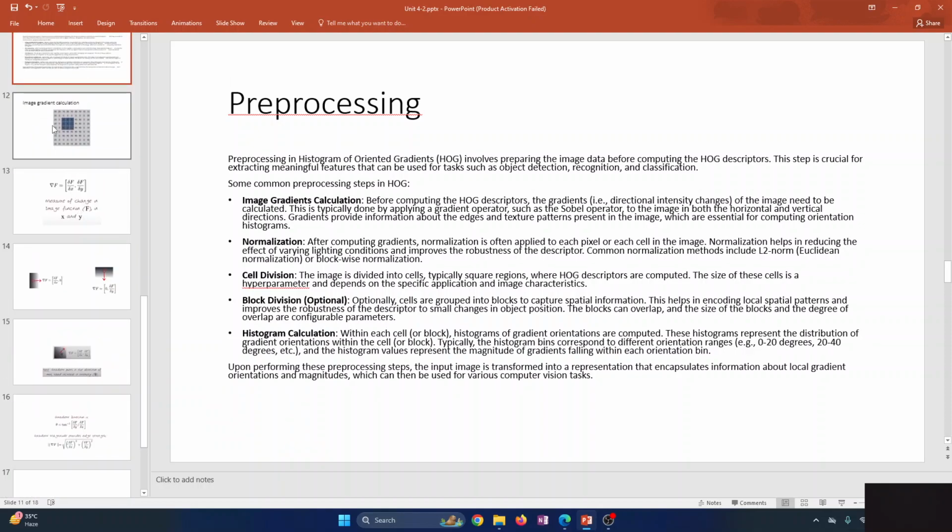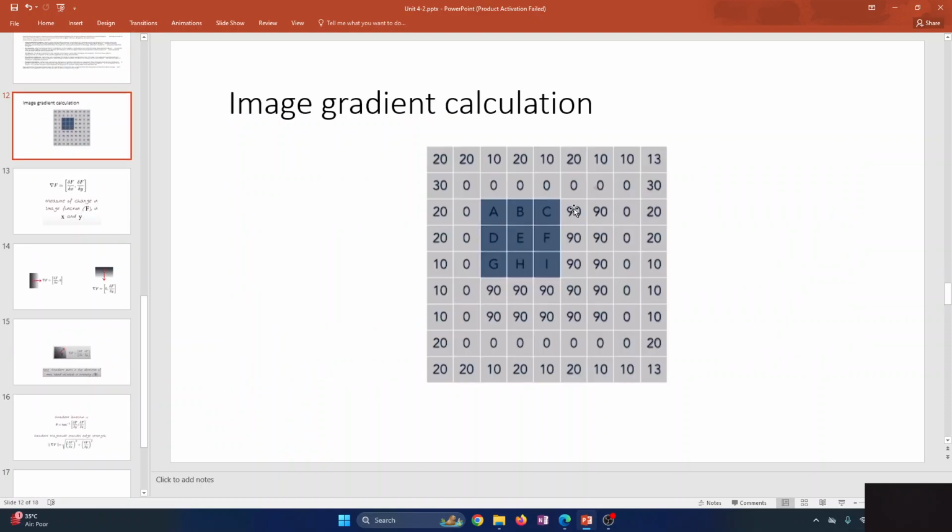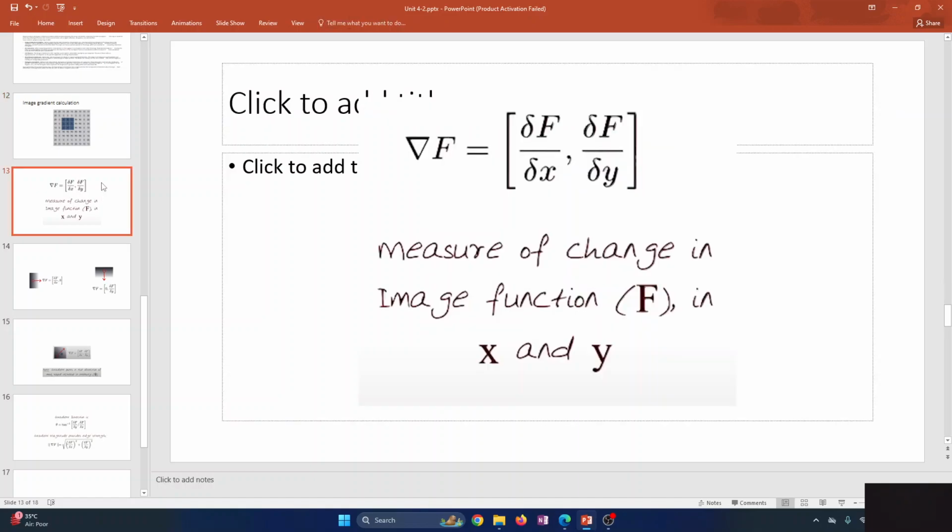Now the next thing is image gradient calculation. We already have discussed something like this, but you can also consider this. For example, this is your image, consider any value.